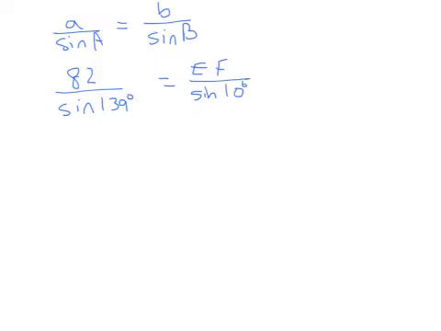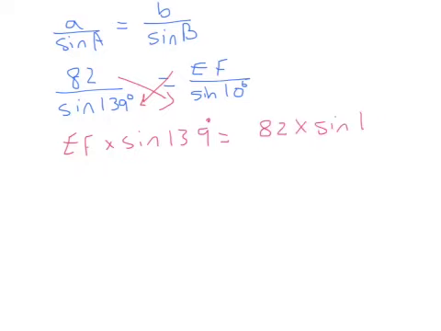The next step will be to cross multiply, so we'll get EF times sine 139 degrees equal to 82 times sine 10 degrees.